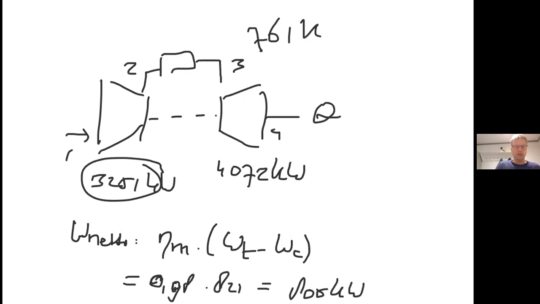We know the outlet of the compressor was, I don't know, did we write it down somewhere? I don't know anymore. But we can say Q combustor is mass times Cp times (T3 minus T2). That way you can also calculate the heat that's coming into the combustor.